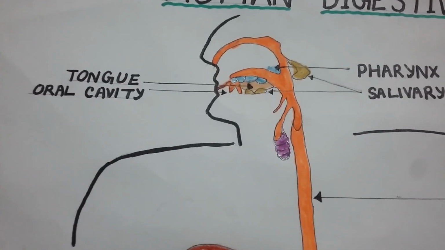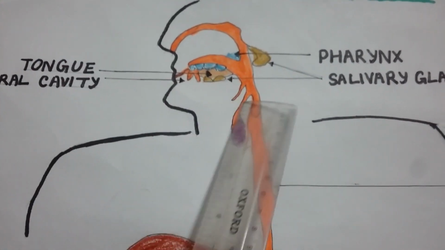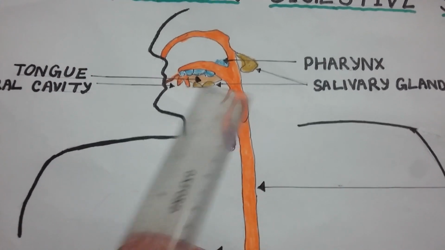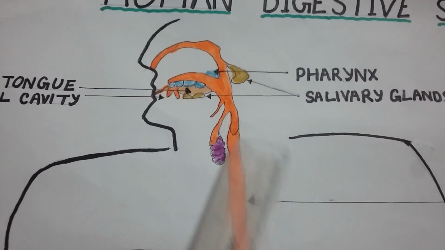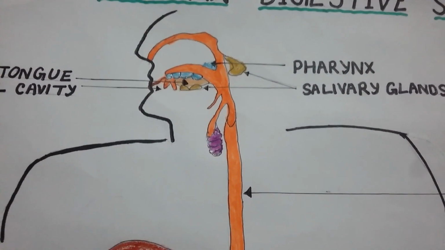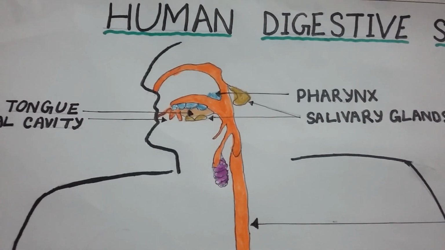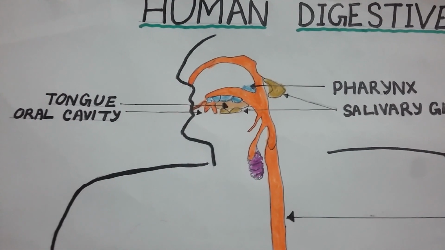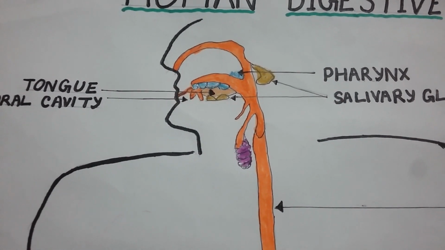Next, the organ which is present in the buccal cavity is the tongue. The tongue is a fleshy muscular organ attached at the back to the floor of the buccal cavity. It is free at the front and can be moved in all directions. The tongue performs the following functions. It helps in mixing saliva with food.